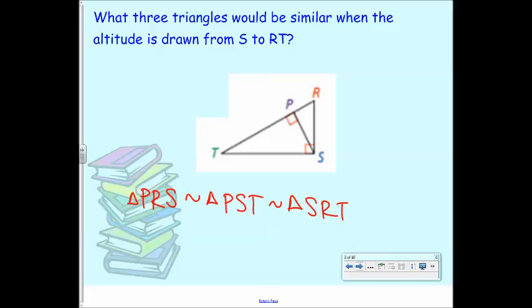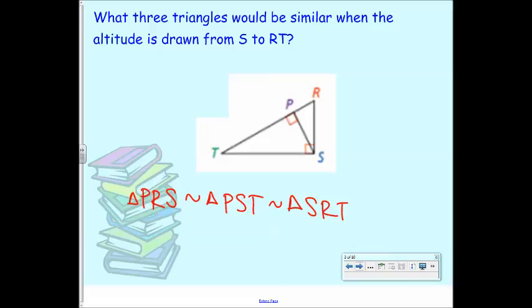Daisy, could you have done that differently? If you had done RSP, could that still have worked? Like if I switched these letters, could I still find similar triangles? Yes, as long as you switch them in the other ones, perfect.